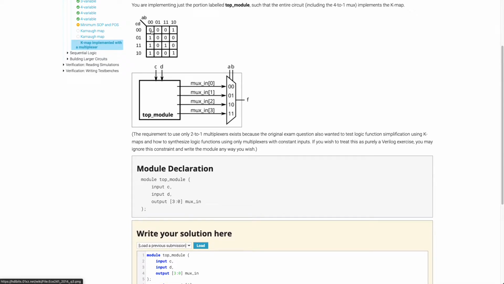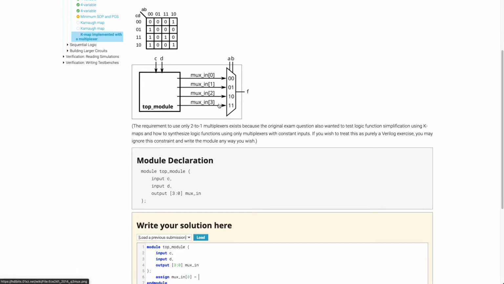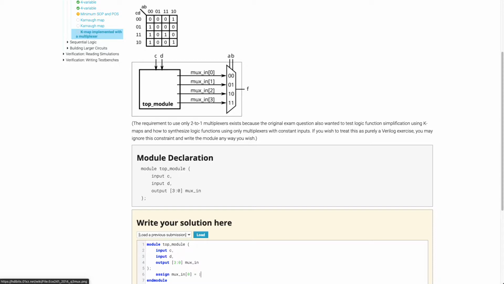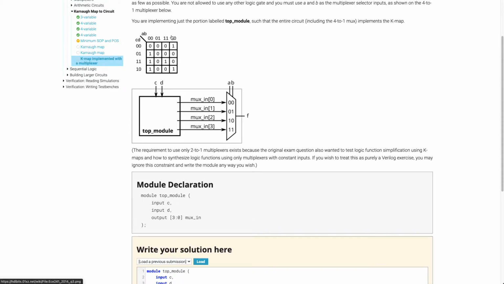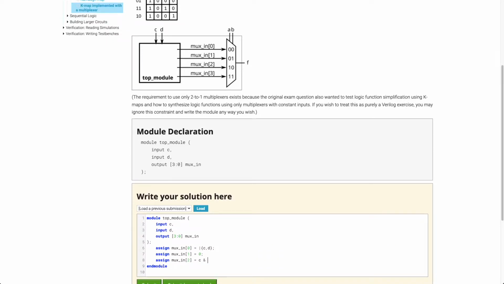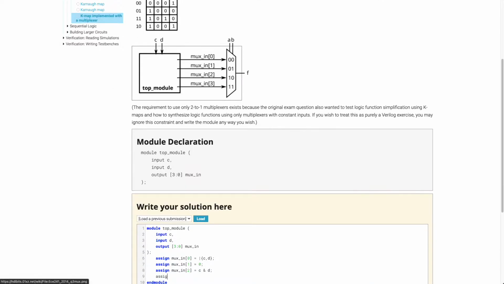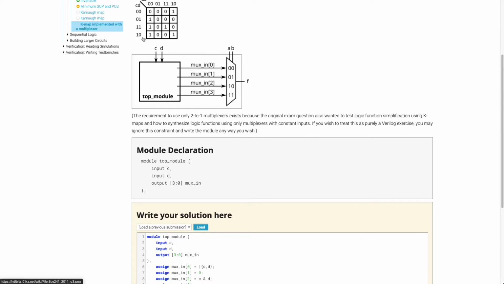Which is basically if any of those are 1, mux in 1 is just going to be 0. Mux in 2 is going to be 1 if CD is 1, 1. So basically that. And then assign mux in 3 is going to be if D is 0.